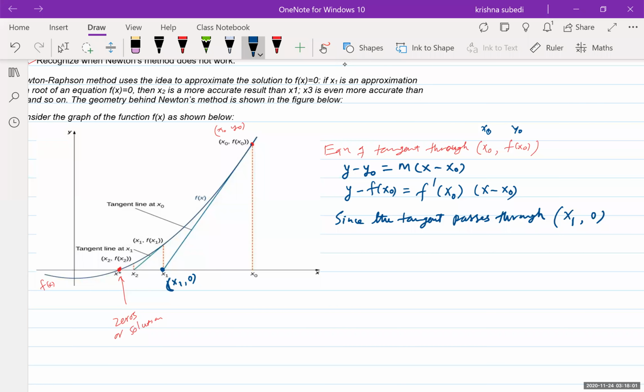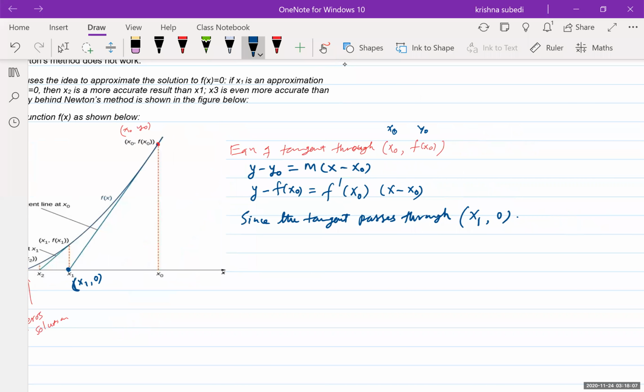So this means my x equals x1 and y equals 0. That's what it means, right? That is x equal to x1 and y equal to 0. So let us substitute those values.